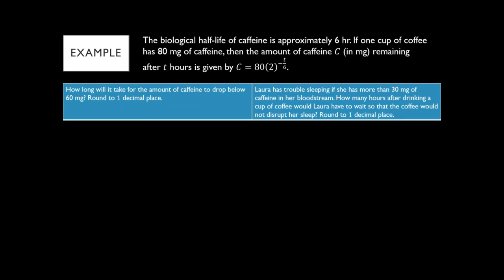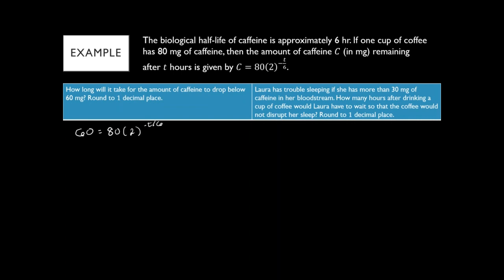On the left, how long would it take for the amount of caffeine to drop below 60 milligrams? So for this one, all we need to do is replace C with 60. It says how long it would take to get below 60, but we're going to just do equal to 60 right now, and then we can write our sentence.